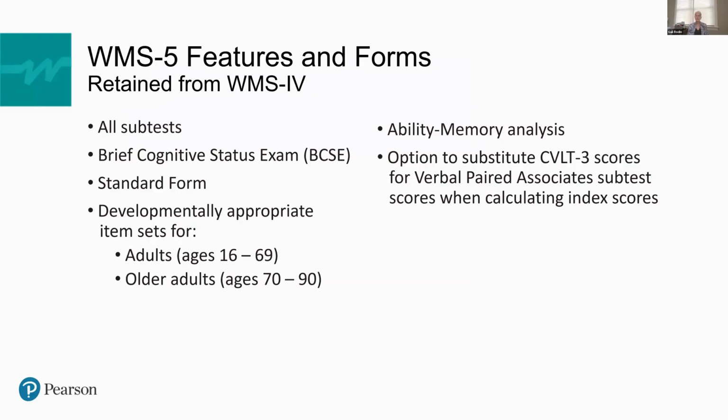Developmentally appropriate item sets for both younger and older examinees. The ability to conduct a comparative ability memory analysis when also administering the WAIS 5, ACS scores, and the ability to substitute CVLT-3 scores for verbal paired associate scores.